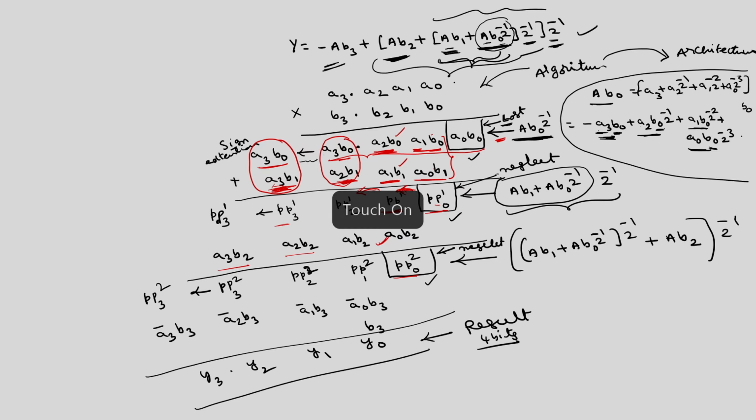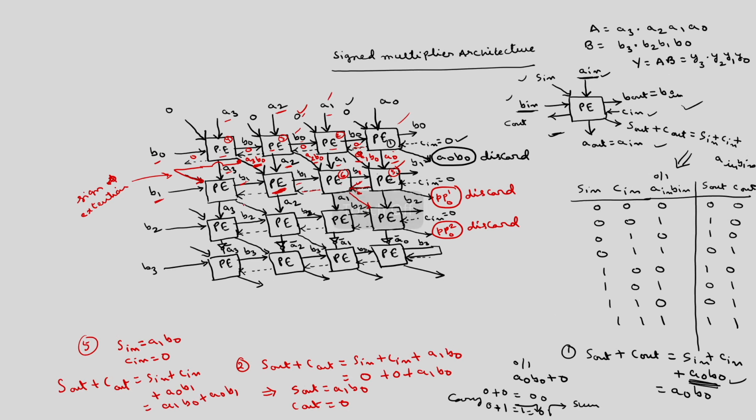So, that we have to do in a similar manner. So, this has to be added with both A2 B2 as well as A3 B2. So, this is the connection, sign extension. Similarly, here also this has to be added with this.